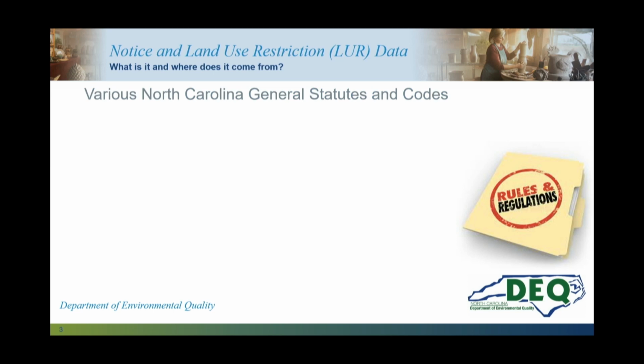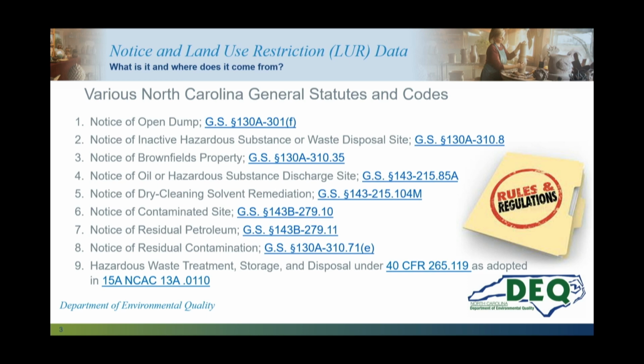So, where does land use restriction data come from? For the most part, it starts with the legislature. They create the laws, which give power to the agencies to create these documents that get recorded, as Dean mentioned, at the Register of Deeds offices. There are about nine documents listed on the screen.